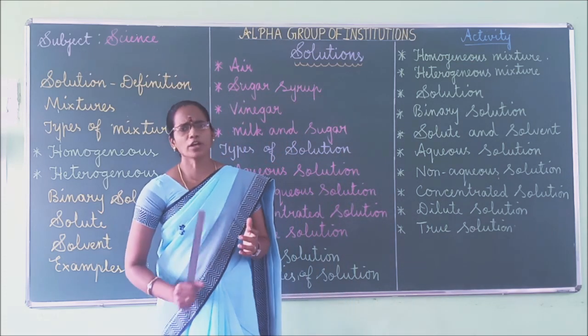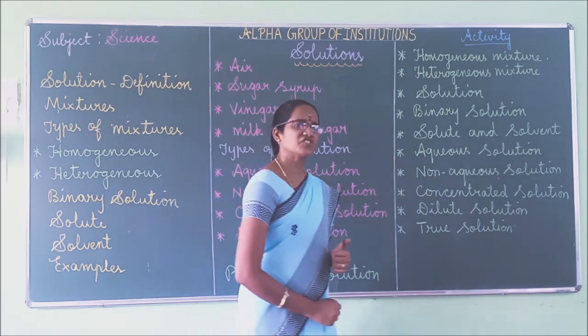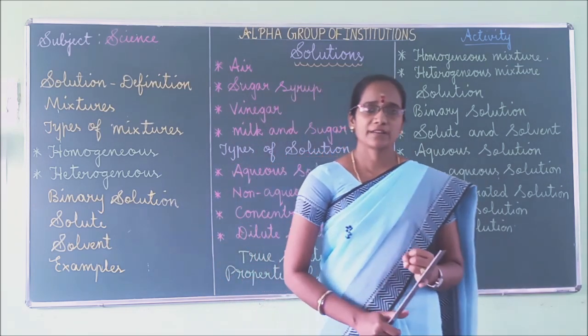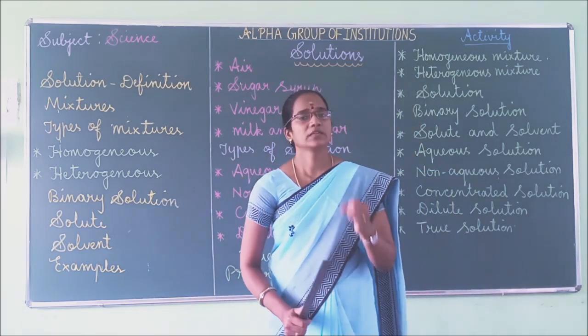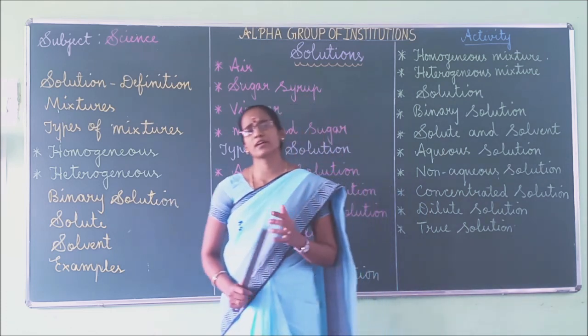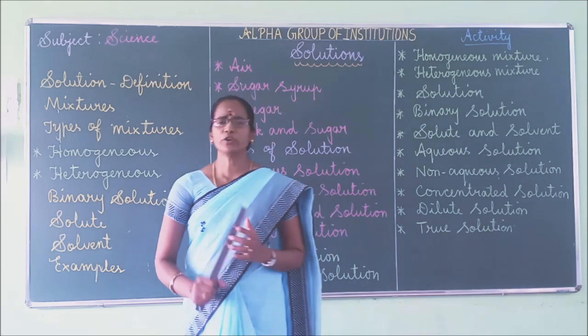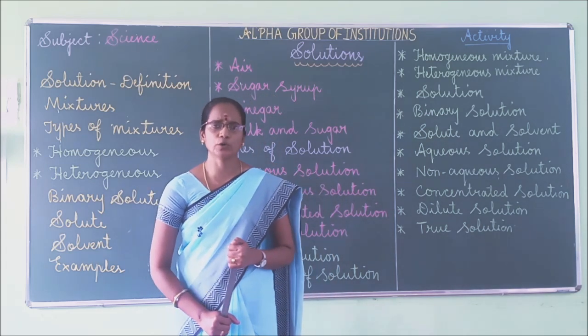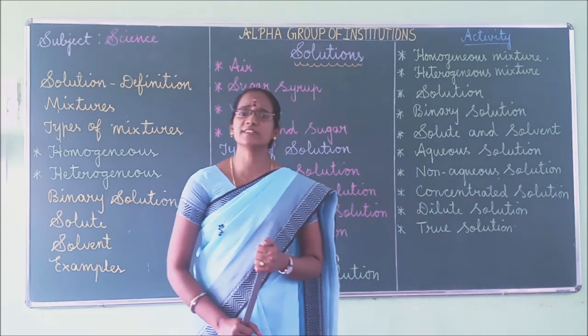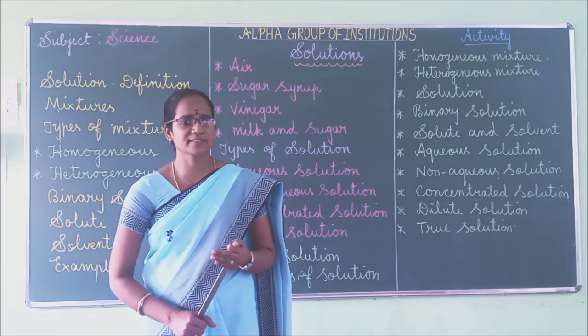Okay, what are the examples we can give for mixtures? Air, seawater, ink. All these things we can give as examples of mixtures. How? If you take air, I already told you, air is a homogeneous mixture of many gases, isn't it?